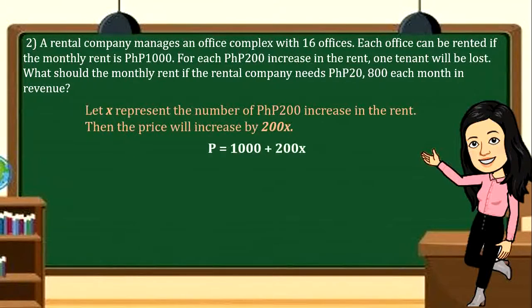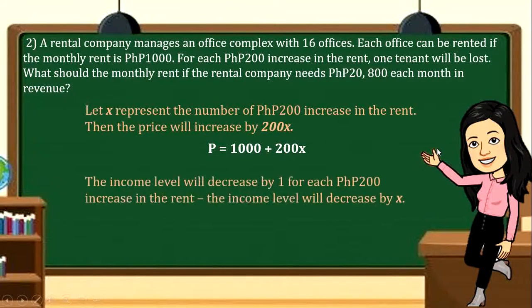So, again, ang price natin ay 1,000. So, dahil pag nag-increase daw ng rent yun ng 200, so, isusulat natin siya as plus 200x. Bakit plus? Kasi pag nag-increase, so increase, that is addition.